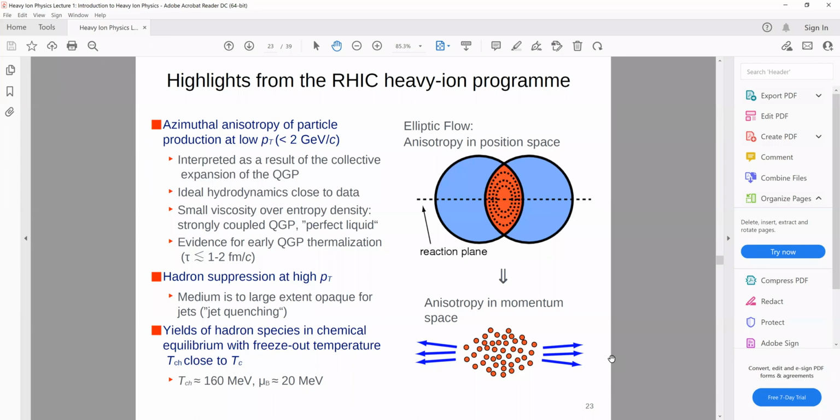Then at high pT there is something called hadron suppression or jet quenching, which tells us that the medium is to a large extent opaque to jets. High pT jets are suppressed, which is only possible if you have a very dense medium.